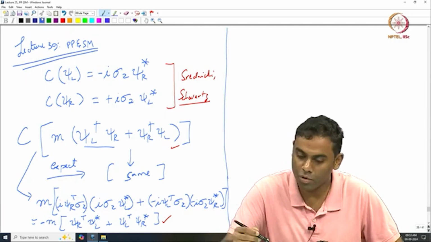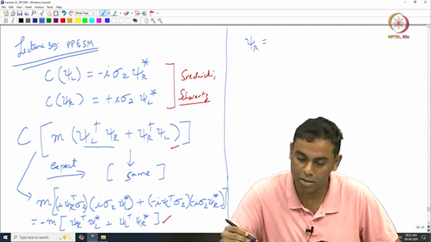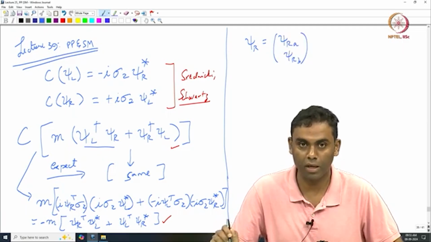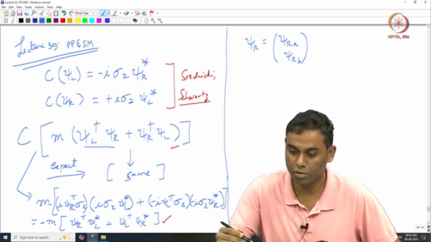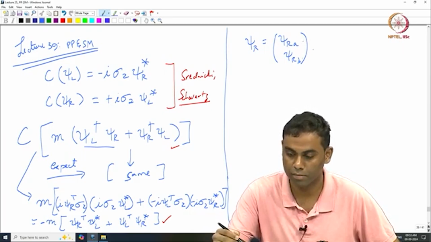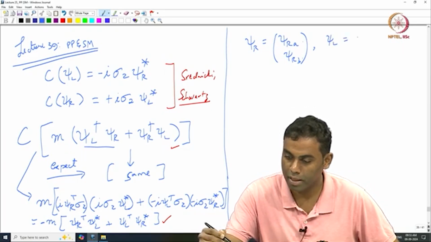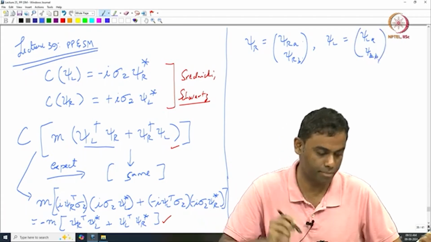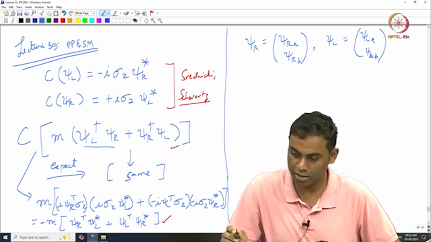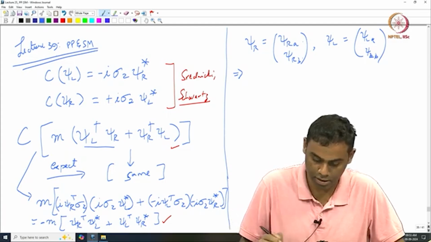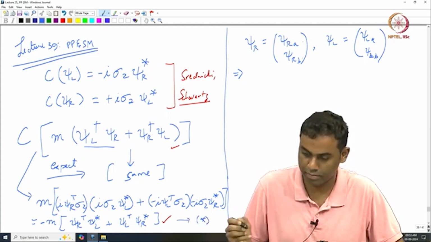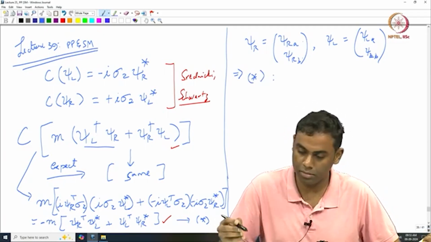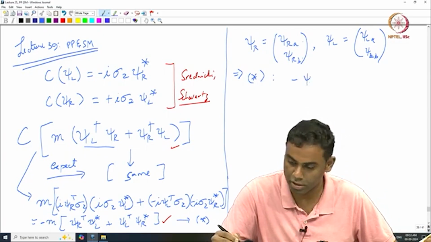I am going to expand this in terms of the spinor components. Remember there are two spinors, right? So this is literally the two components of the two spinor. Then I am going to label them A and B. Let us call this equation star. Then the equation star is nothing but, I am just going to simply expand what is in there.